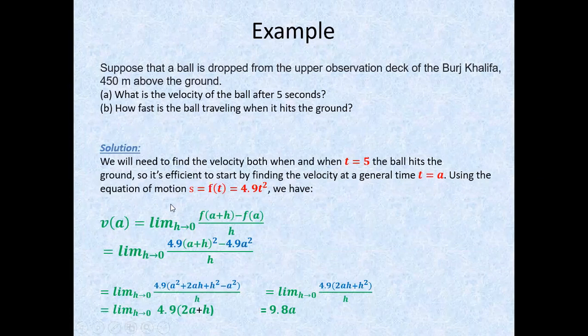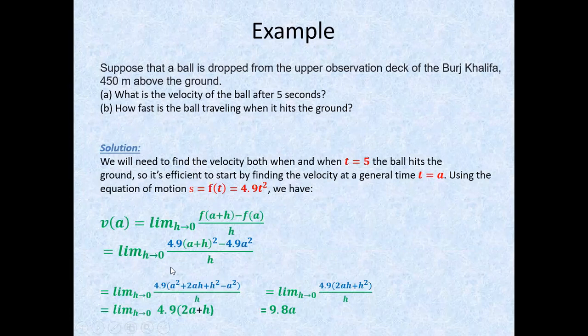Using the equation of motion, we have s equals f of t equals 4.9t squared. So we have v of a, because we have replaced t with a, v of a equals the limit as h tends to 0 of f of a plus h minus f of a all over h.